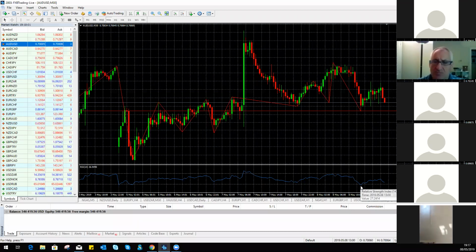The first confirmation came from the RSI, which told me that on the level 30, as I said before, we know that it's considered to be oversold and the market is expected to reverse. And I had a second confirmation from the zigzag. Basically, I have two indicators telling me to buy there.